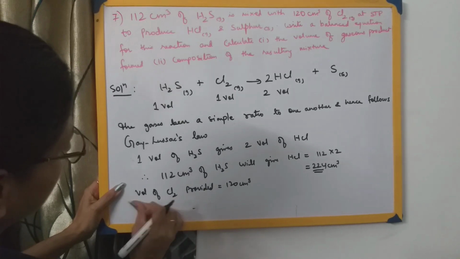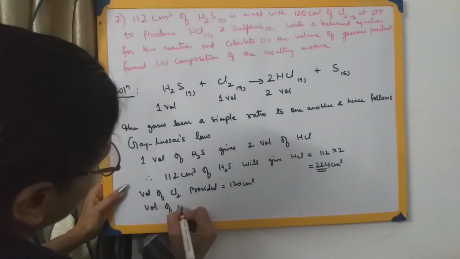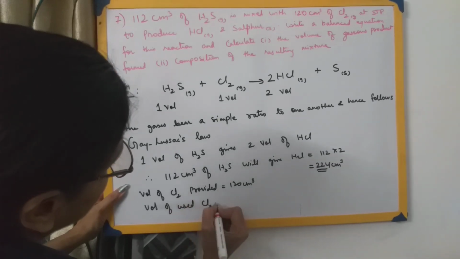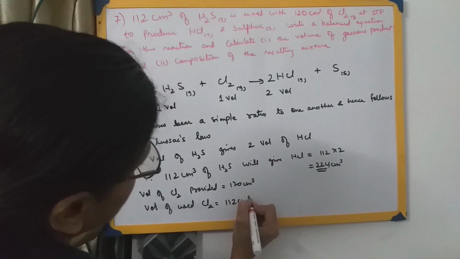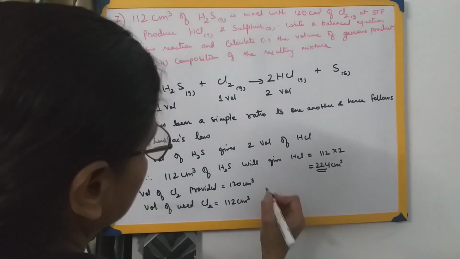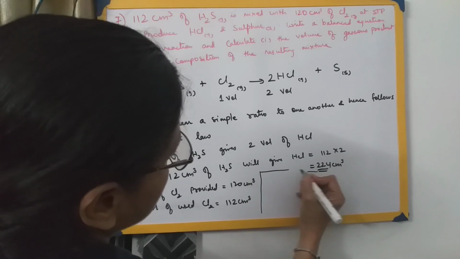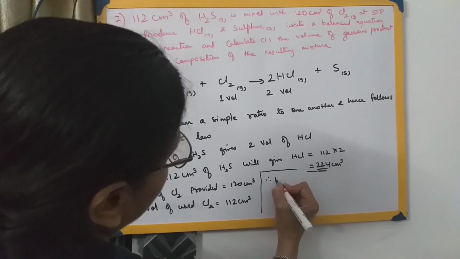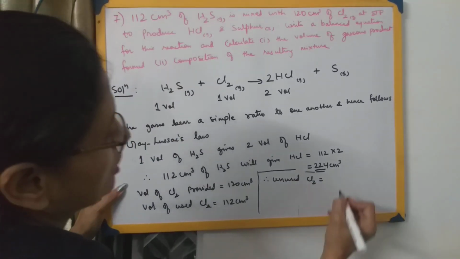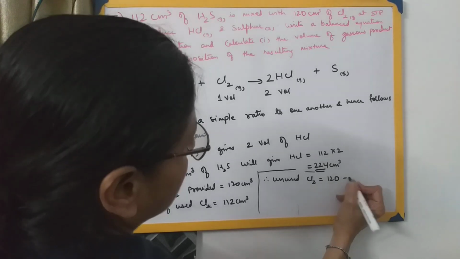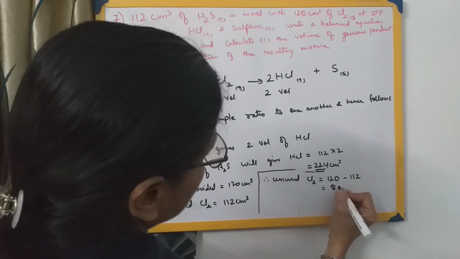Let us first write down used chlorine. Volume of used chlorine is equals to 112 cubic centimeter. I'm writing over here as I don't have the space over here. So therefore unused chlorine, we'll be doing 120 minus 112, so that will be 8 cubic centimeter.